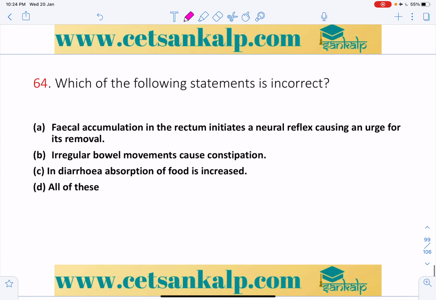Next, which of the following statements is incorrect? Fecal accumulation in the rectum initiates the neural reflex causing an urge for removal.